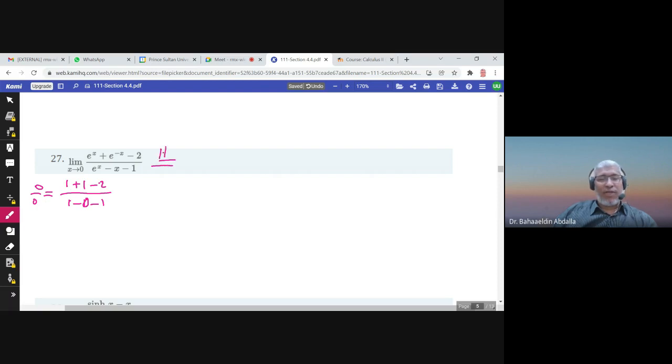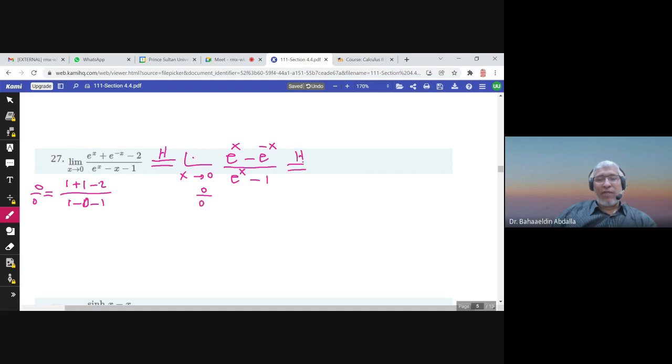I use L'Hopital's. Derivative of e to the power negative x would be minus e to the power negative x. Derivative of 2 is 0. Derivative of negative x is -1. Replace x by 0. e to the power 0, 1 minus 1, 0.